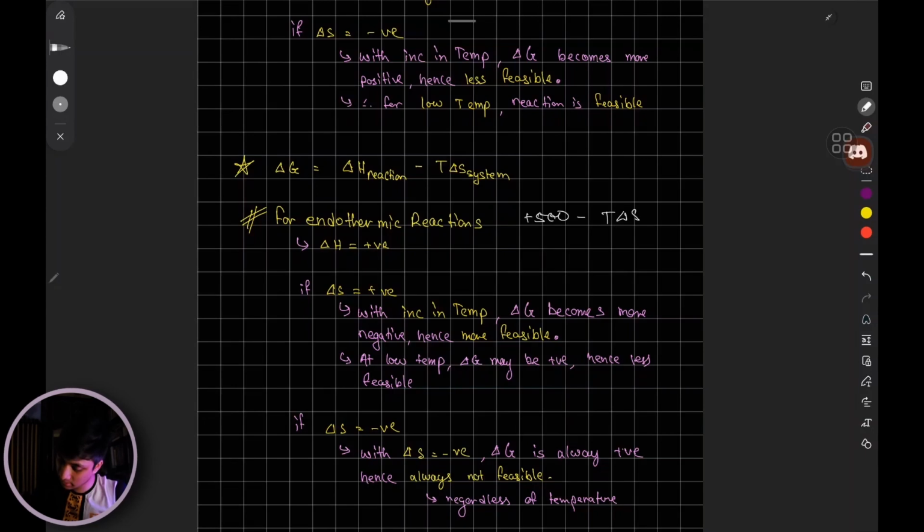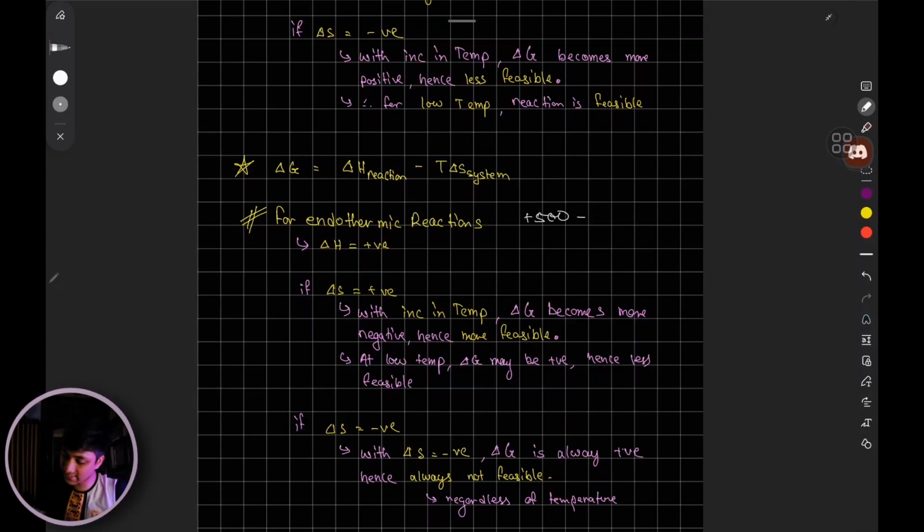That means positive minus positive. So if you increase your temperature, what do you think is going to happen? Your ultimate value will be more negative.